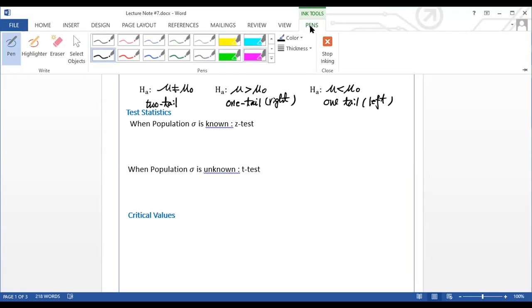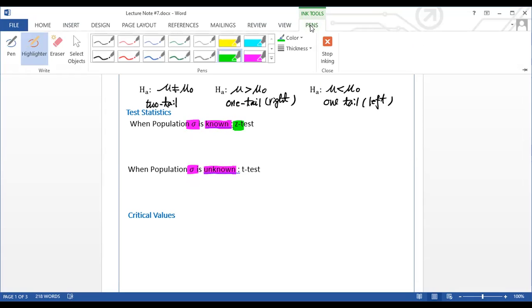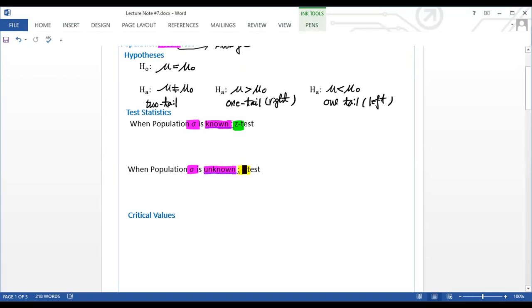The keyword is whether the population sigma is known or unknown. If sigma is known, we use the z-test. If sigma is unknown, I use the t-test.